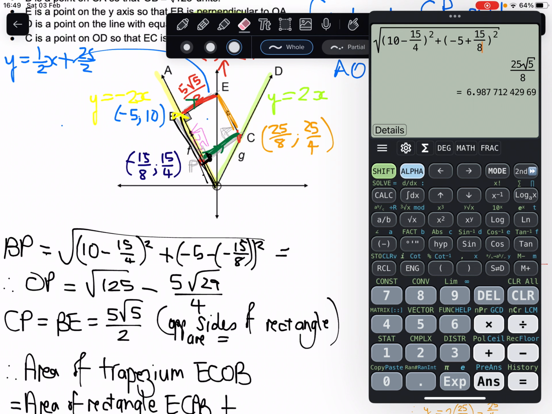Okay, so this is actually 25 root 5 over 8. Okay, and then OP is going to be the root 125 minus this bit that we just worked out. So we're just going to keep it as that.